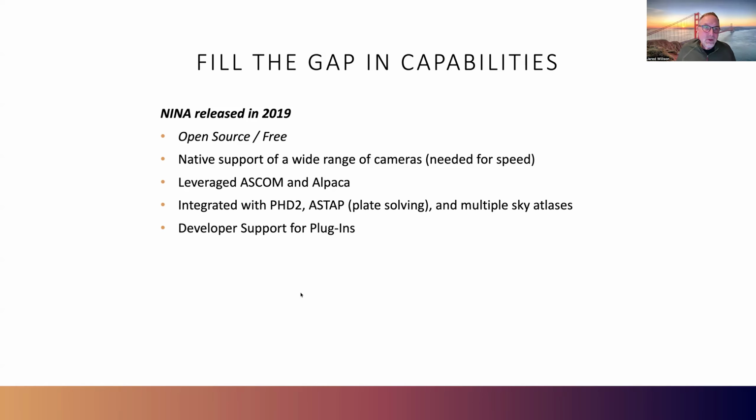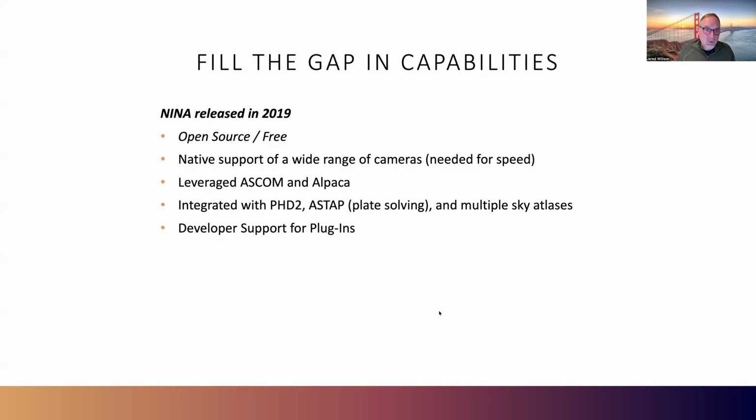Continue from there. Sure. So there are a couple of places where Nina didn't try to cover what was already well traveled. PHD2 for guiding was already almost universally adopted and very capable. They didn't try to replace that. They just integrated with it. There are several different plate solving solutions where they leverage what was already out there.